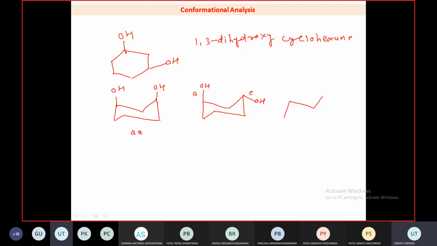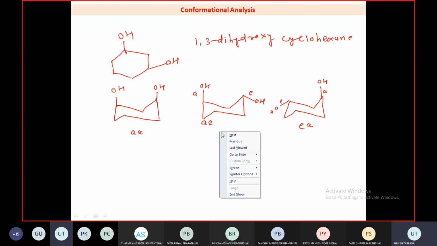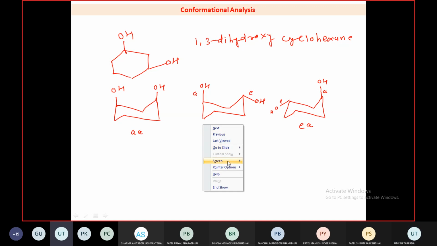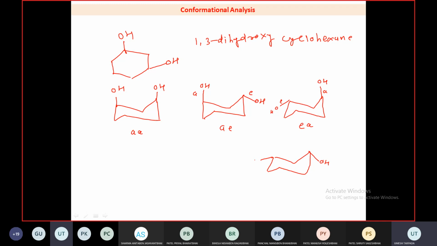The next one is axial and equatorial. And the fourth one is both at equatorial. Now you tell me which one is more stable.